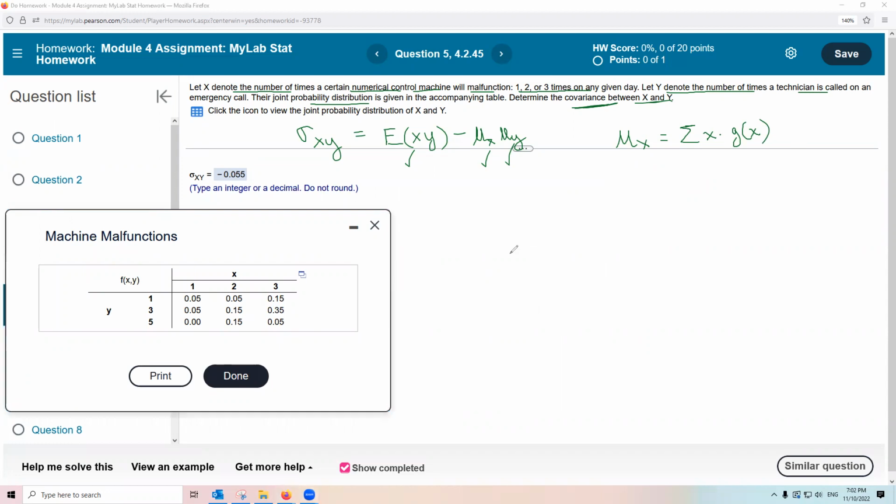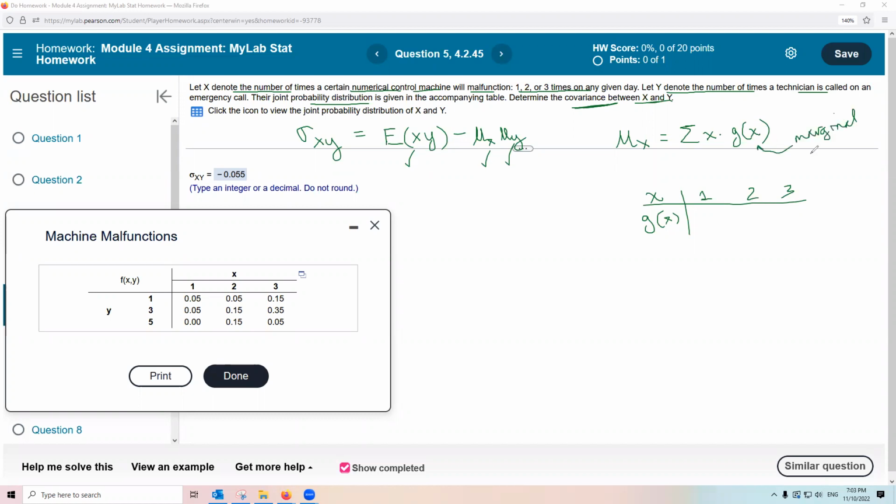Well, g of X is really going to be when X equals 1, let's make a little table here for g of X. When X is 1, 2, and 3, because those are the X values being given, I want to figure out g of X. G of X is the marginal density function.